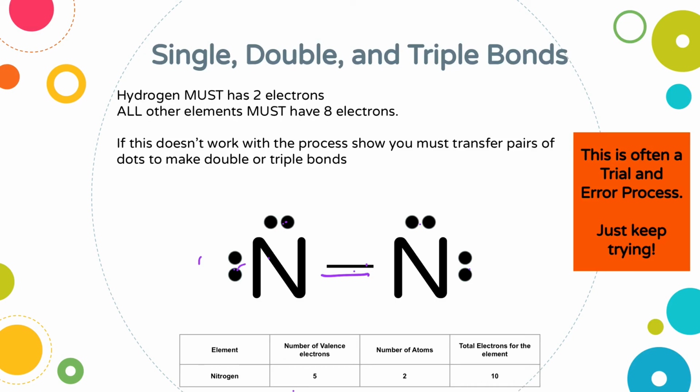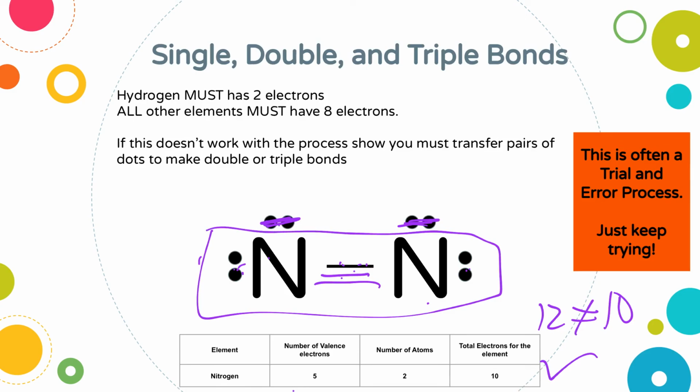That gets us an octet, 2, 4, 6, 8 on each. But then how many total electrons do we have? 2, 4, 6, 8, 10, 12. That does not equal 10. So now we remove those and give it a triple bond. 2, 4, 6, 8, 10. Yes, now with the nitrogen Lewis structure looking like this, it's both happy and its octet is full.